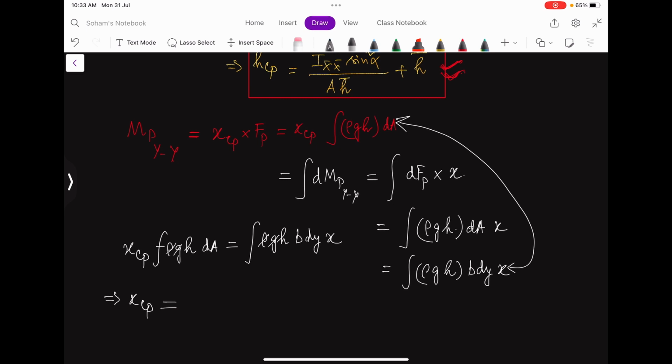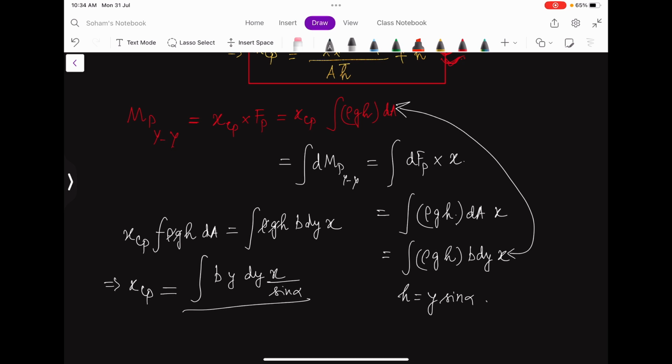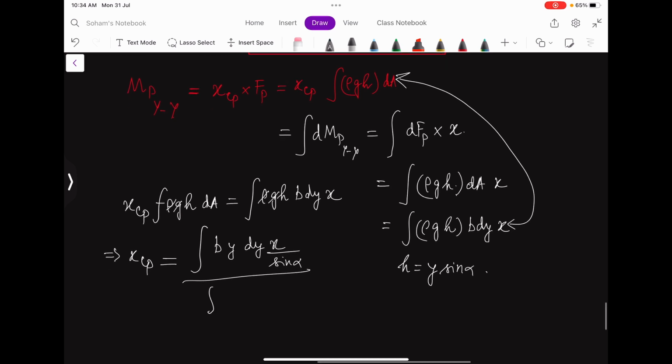Also I have h equal to y sine alpha. So let me convert the h term into the y terms. So this will be b dy x by sine alpha, again this will be y dA by sine alpha.